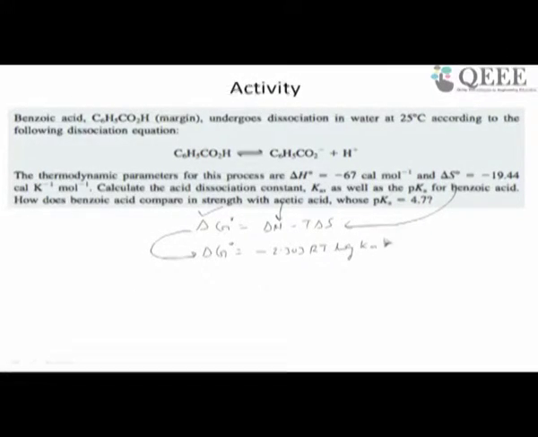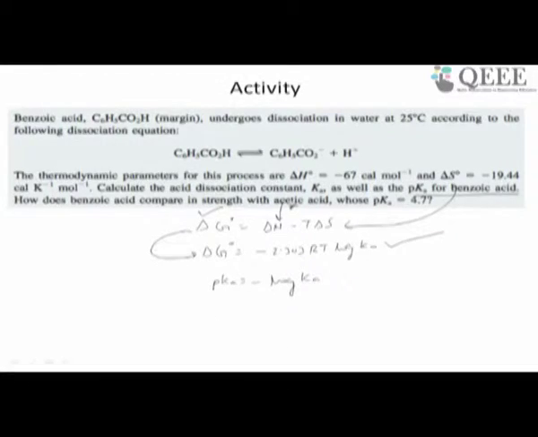You substitute the delta G here, and then you can get the Ka value. Once you know the Ka, they've asked to calculate the pKa also. So pKa is negative log of Ka.